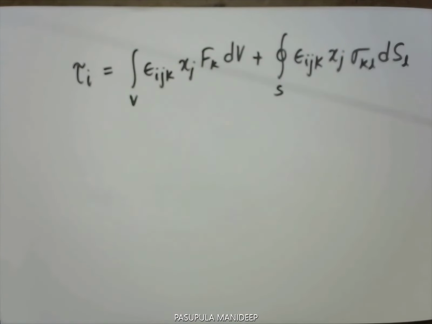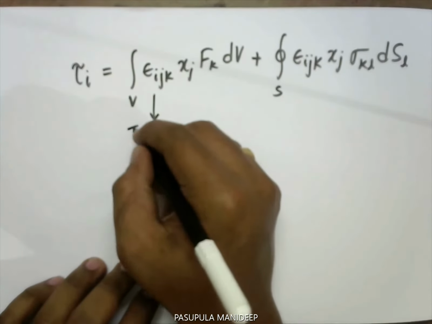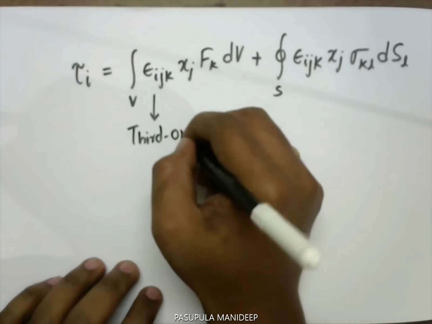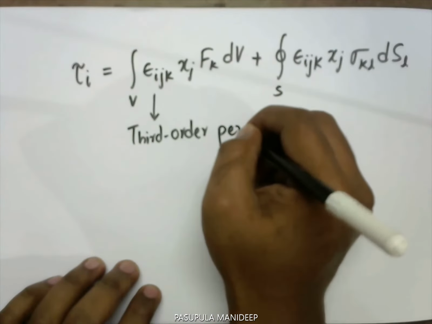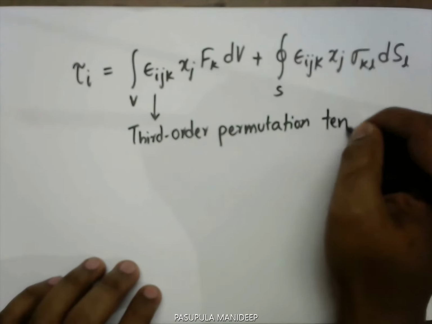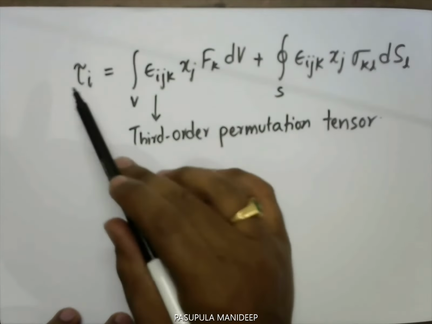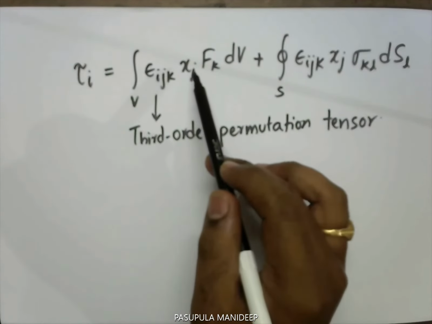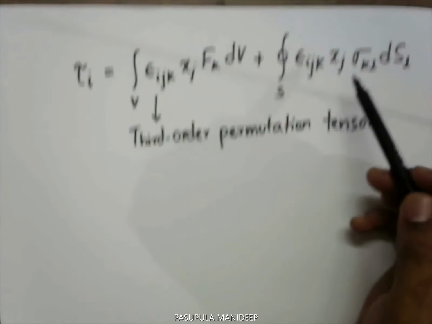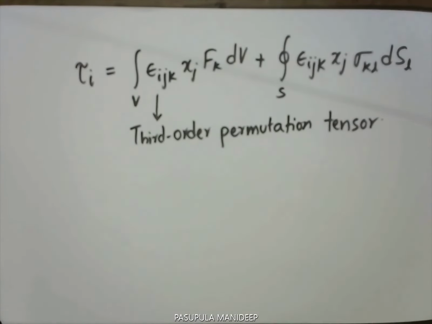Here epsilon ijk is the third order permutation tensor. This equation is nothing but torque, which is the radius into the force, length into force, and here length into stress and the area element.